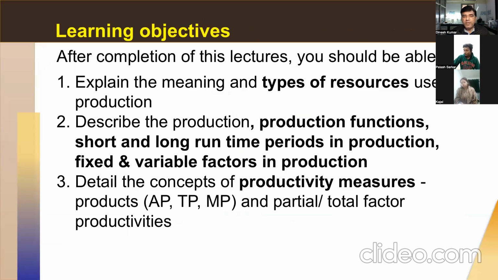We'll see the meaning of all these, and then we will see different kinds of productivity measures, how productivity can be measured under agricultural economics or in the field of crop production. So productivity can be measured by average product, total product, marginal product, partial factor productivity, and total productivity. Besides this, we will also see elasticity of production as a productivity measure.